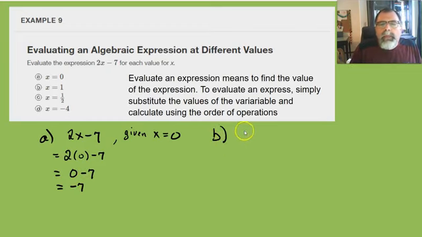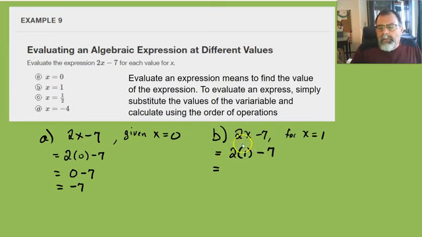All right, let's try B. 2x minus 7, where x equals 1. So we take the x out, put in 1. Now get in this habit of putting parentheses when you substitute. If there's negative numbers and things, it can help. It can keep you from making a simple mistake with signs. So this is a good habit to get into. Just put blank parentheses for the variable, and then plug in the number that's given for that variable.